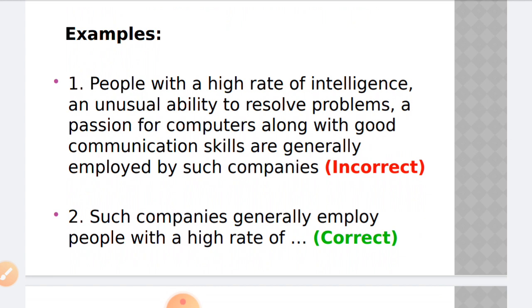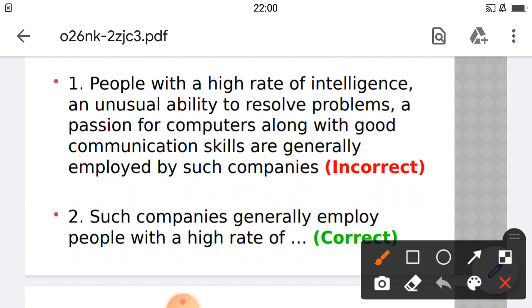Such companies generally employ people with a high rate of intelligence, an unusual ability to resolve problems, and so on and so forth. We need to keep in mind that the second type of sentence, that is the word order in the sentence, should be followed rather than the first order, which is not appropriate.